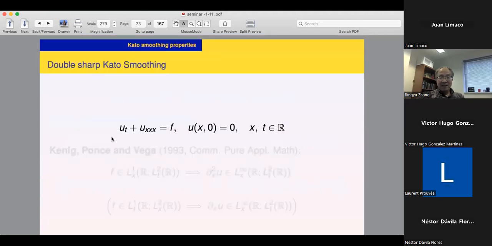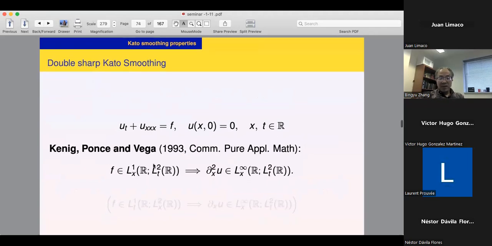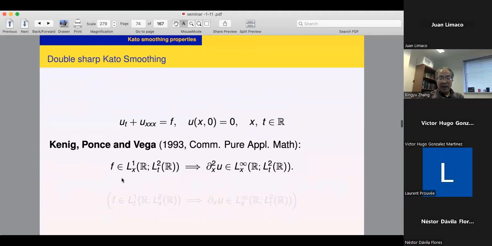There's another Kato smoothing called double sharp Kato smoothing. Kenig, Ponce and Vega also show that if the initial data is zero and F is L1 in the space variable, L2 in the time variable, then instead of the solution being one order smoother, it becomes two orders smoother.